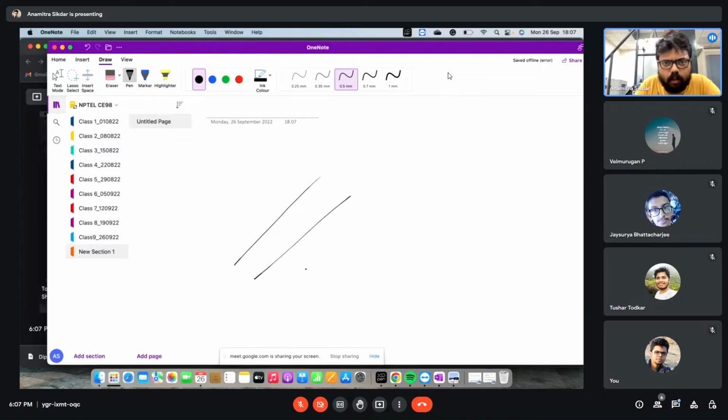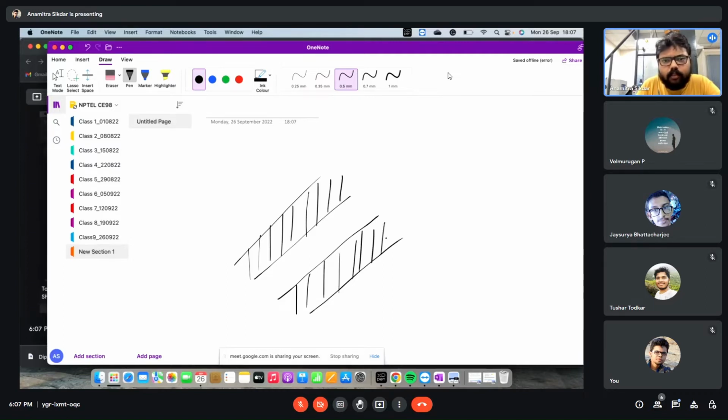Let's start with the horizontal fold. So this is one fold. Can we identify that this is a fold? Yes, sir.